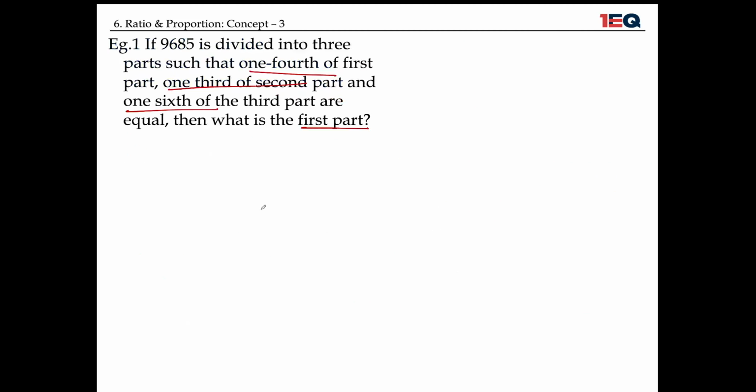Okay, it says 1/4 of the first part. This means, let's assume the first part is a, the second part is b, and the third part is c. So 1/4 of the first part, this means a upon 4. 1/3 of the second part, this means b upon 3. And 1/6 of the third part, this means c upon 6.